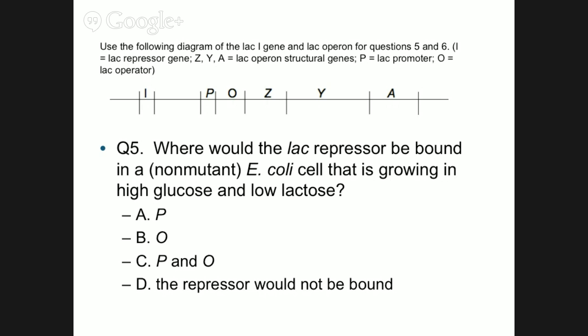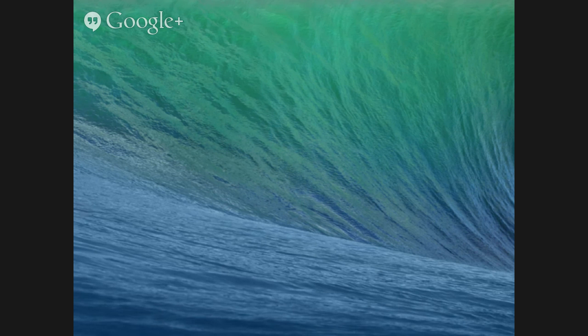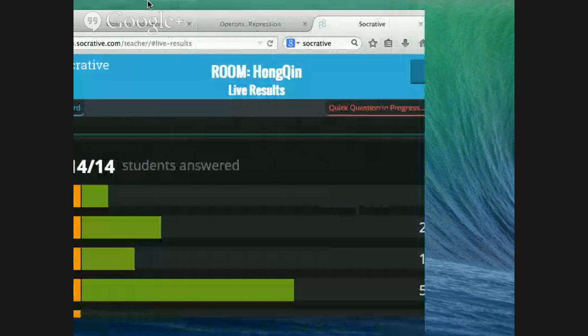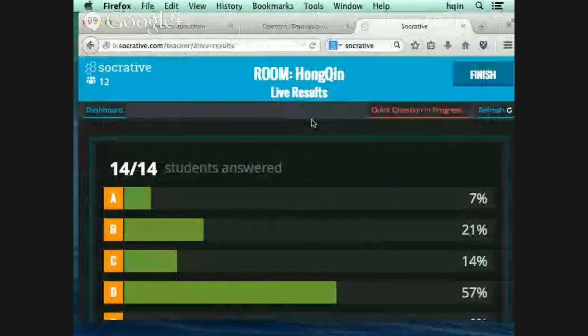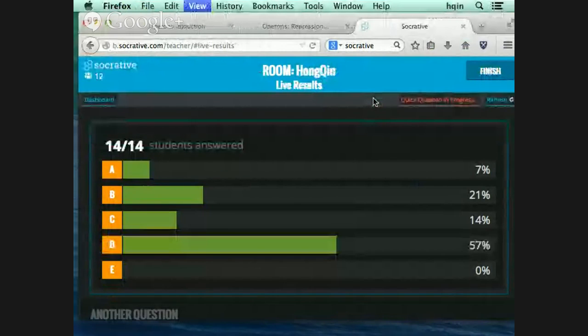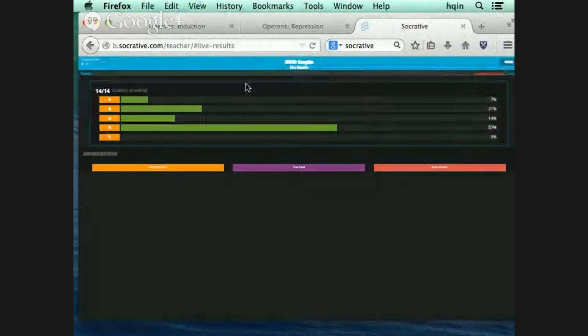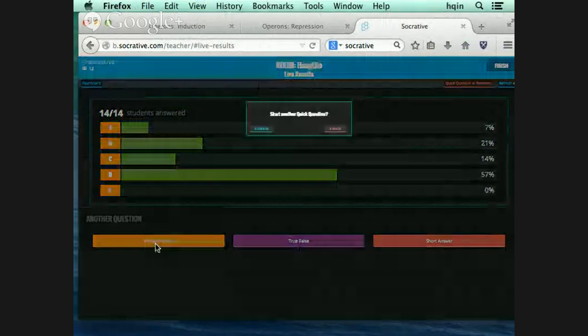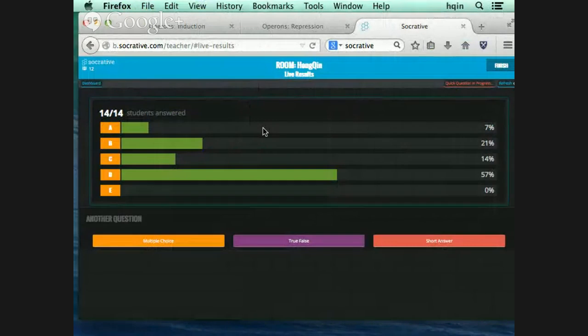I'm going to refresh the Socrative choice. I guess I have to open a new question to do this. I have to say add another question. Confirm.